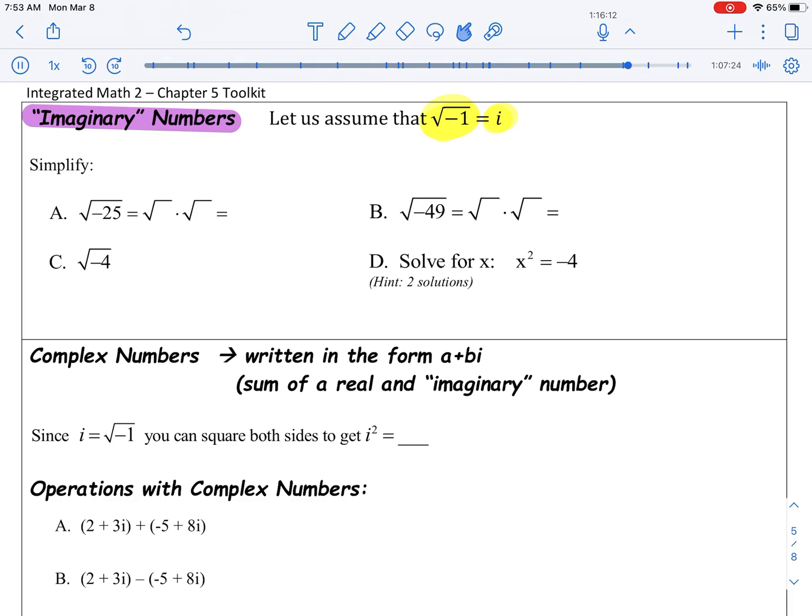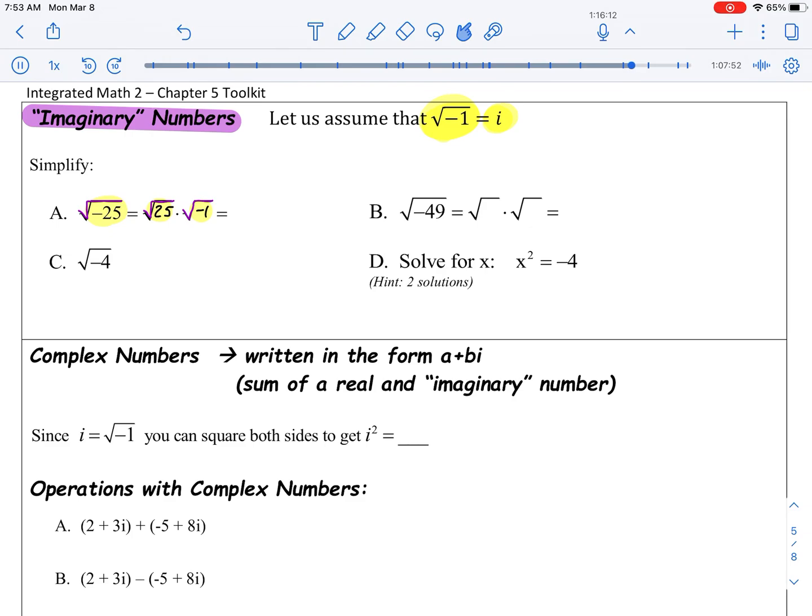Part A, the square root of -25. Well, I know that -25 can be rewritten as 25 times -1. So the square root of -25 equals the square root of 25 times the square root of -1.